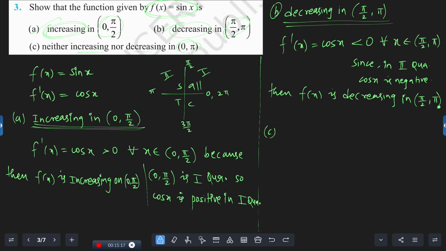Next is part C: neither increasing nor decreasing in 0 comma pi.